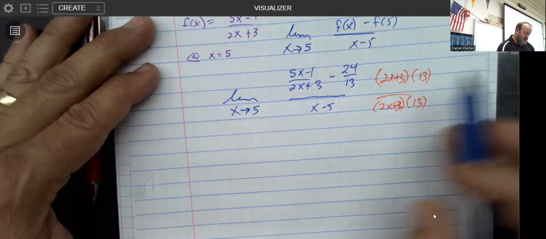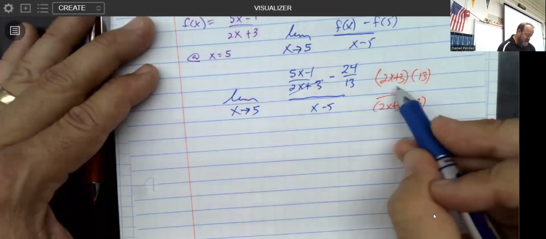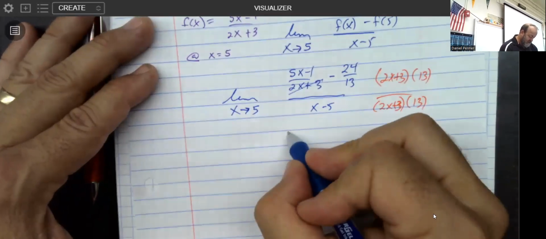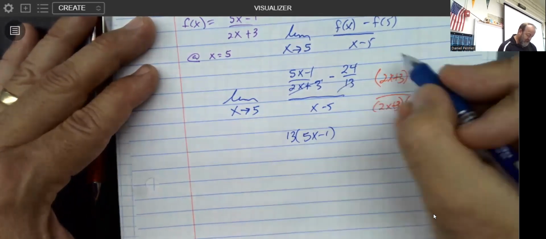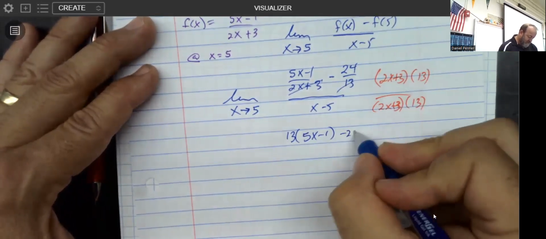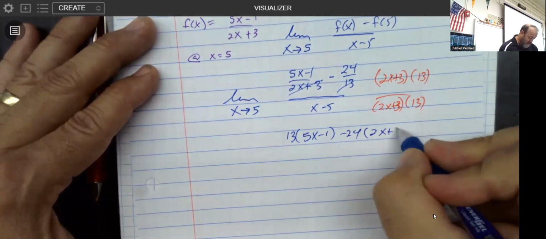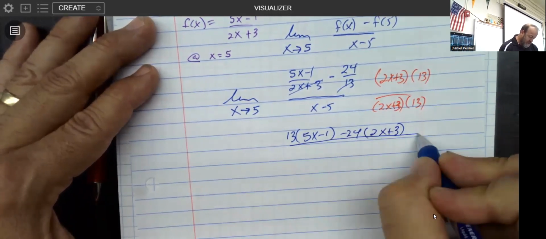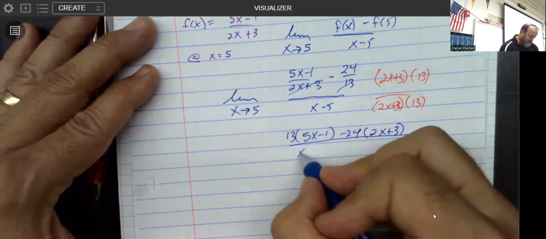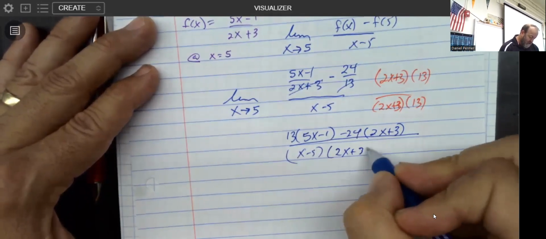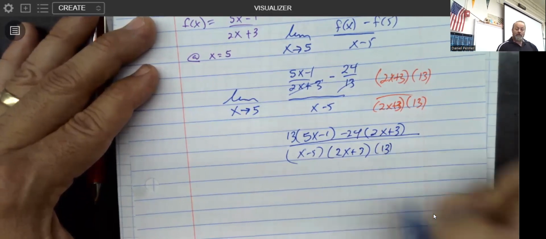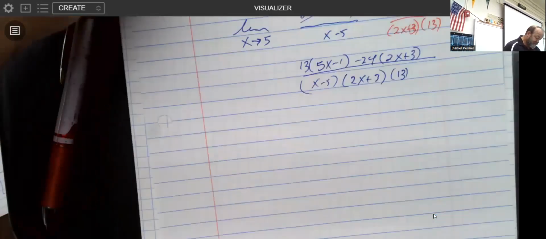As soon as you start distributing, this piece is going to cancel with this piece, and I still have my 13 attacking the 5x minus 1. The 13 here is going to cancel with that 13, and I got my 24 with my 2x plus 3. Down here, we're going to leave my x minus 5 because we know that somehow has to cancel out. We've been promised that.